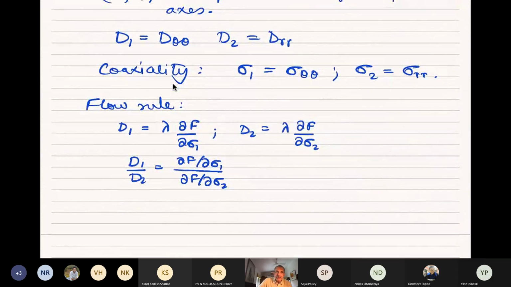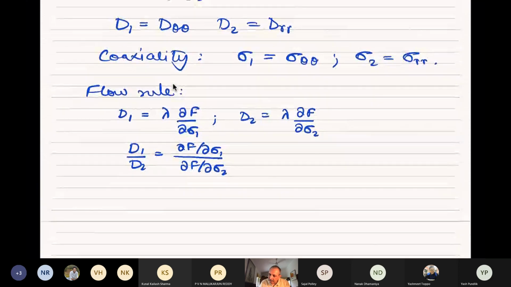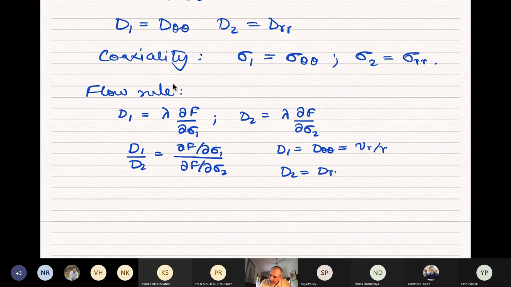Maybe I should have done a little bit more on this, because since we know that v theta and so on are 0, we can easily see d theta theta. So d1 we have said is d theta theta, and that is given by Vr divided by r, and d2 is equal to d rr, which is just equal to del Vr by del r. So both these quantities are known in terms of the velocity vector.